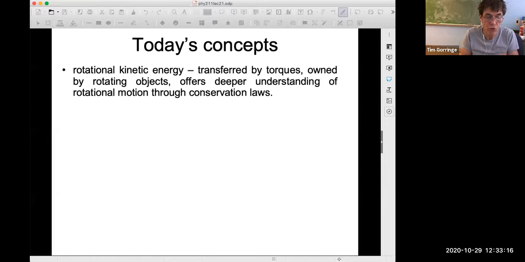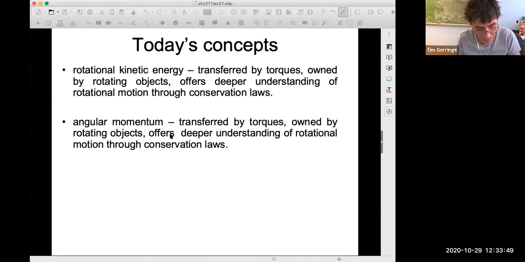We can think of torques as the agents of transferring rotational kinetic energy. And any rotating rigid body is the owner of rotational kinetic energy. And this new perspective will give us a deeper understanding of the rotational motion of rigid bodies through conservation laws that apply to rigid bodies. So that's a big concept in today's class.